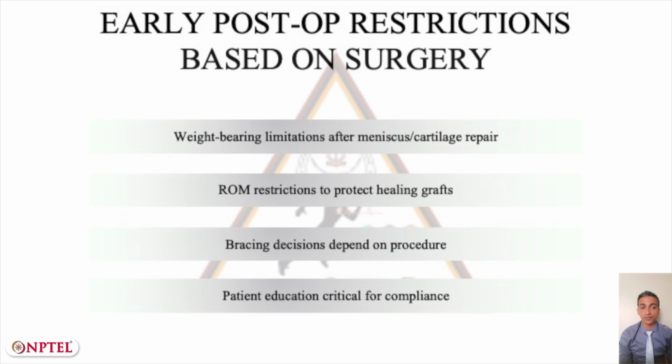Bracing decisions, whether to use a locked brace or an unlocked brace, depend on which structures were repaired. Educating patients about these restrictions improves their compliance, protects the repair, and keeps the rehab on a steady track of progression.